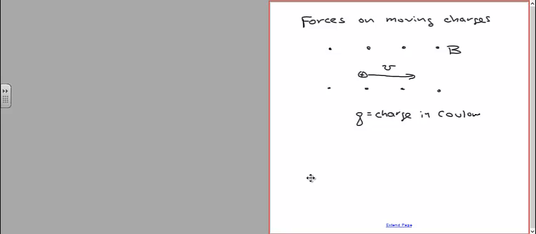A lot of times these are electrons or small charges. There's going to be a force acting on this charge because it's moving in the presence of a magnetic field. What's really happening is the charged particle, as it moves, creates a magnetic field around it, which interacts with this external magnetic field.